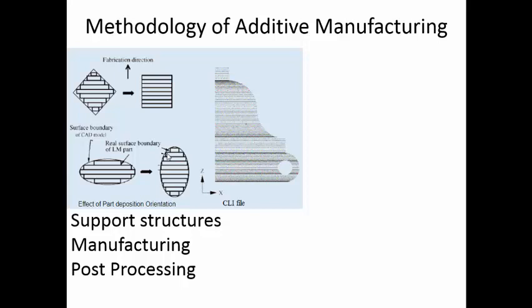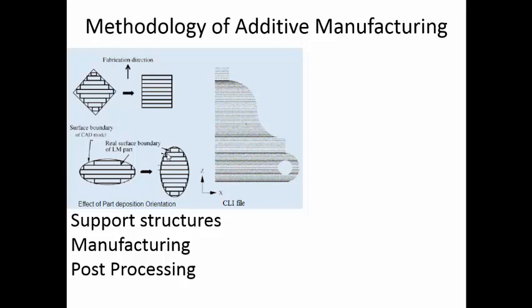So once the slicing is done, the support structures are selected. From the slicing software itself, it is possible to generate a program which will control the various movements so that the process can take place on its own.